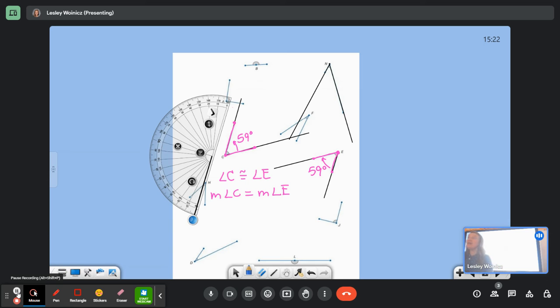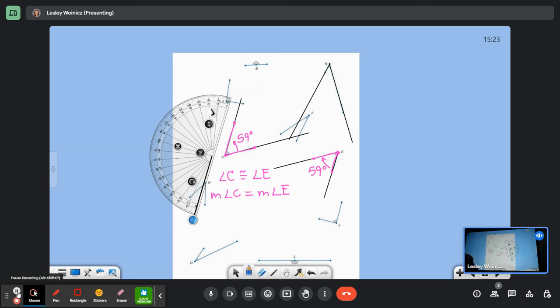Okay, now that you have your angle traced, you can spin it around, do whatever you want. I want you to see what happens when you lay it over the top of angle E. What happens? They're the same. So if I had given you a bunch of tracing paper, could you have figured out which of these angles were congruent? Yes.